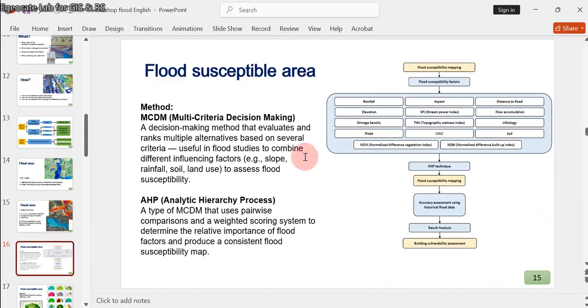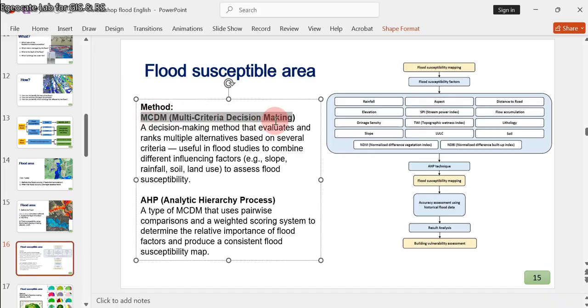But for flood susceptible areas, the most commonly used one is multi-criteria decision making, which is a technique that evaluates and ranks multiple alternatives, and it is based on multiple criteria.